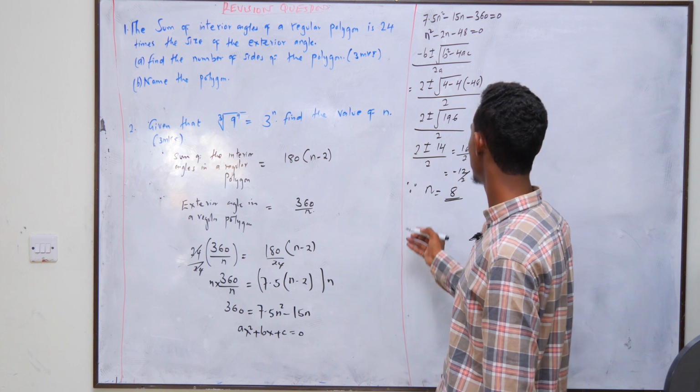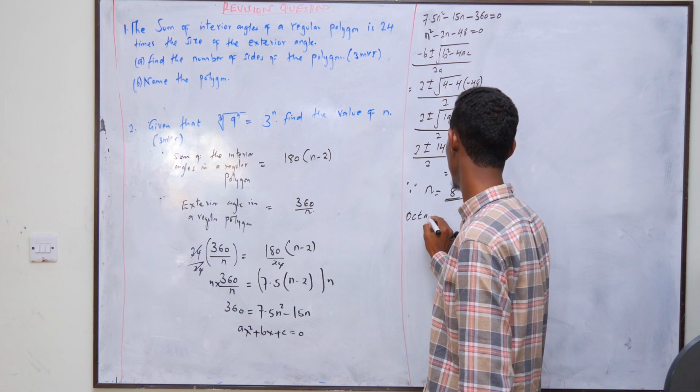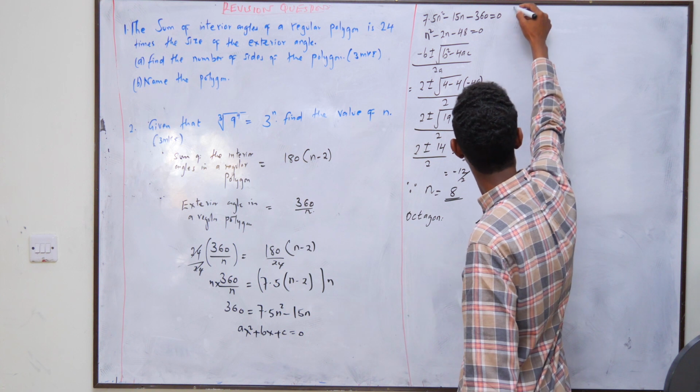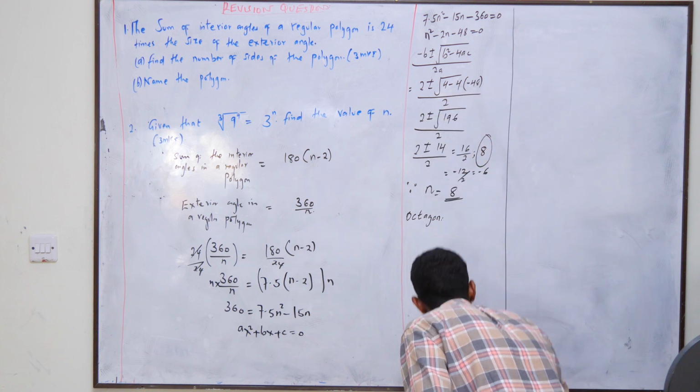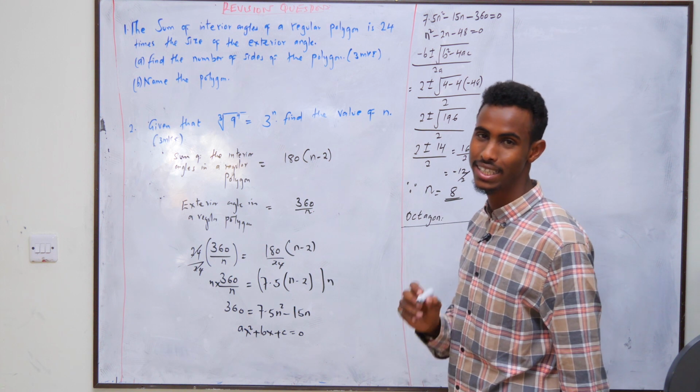Now name the polygon. Naming the polygon, it is called an octagon. The name of the polygon is octagon. Now, that is done. Suppose you are asked the size of one interior angle.